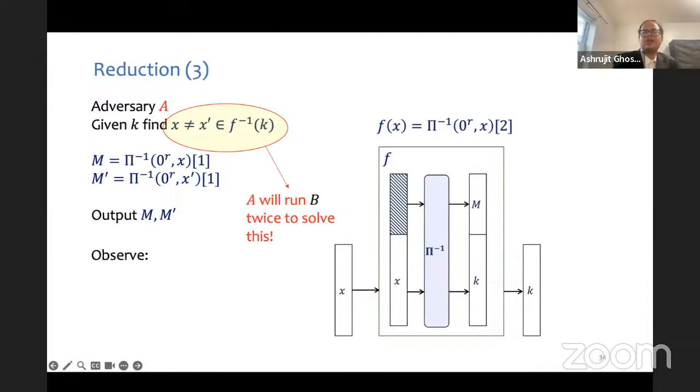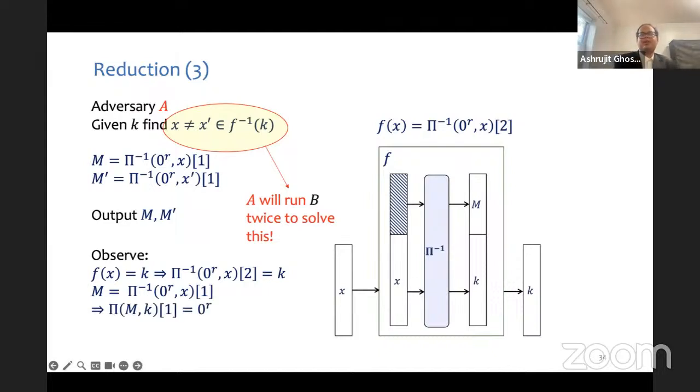So why does this work? Observe that if X was indeed an inverse of K under f, the last c bits of the output of pi inverse on R zeros concatenated with X is K. Additionally, by definition, we know that the first R bits of the output of pi inverse on R zeros concatenated with X is M. So this means that when we evaluate the permutation pi on M concatenated with K, the first R bits are all zeros, which is what we want.